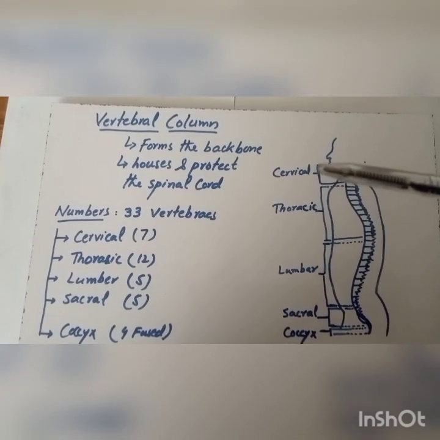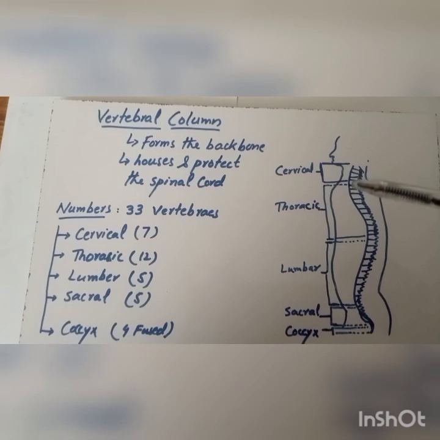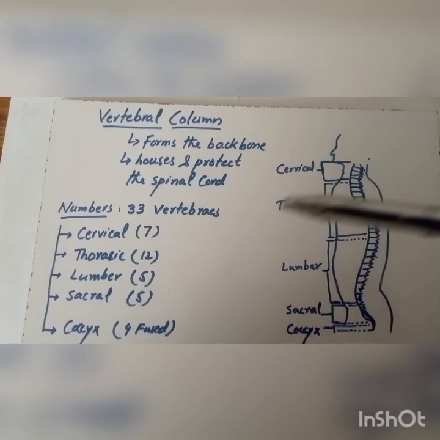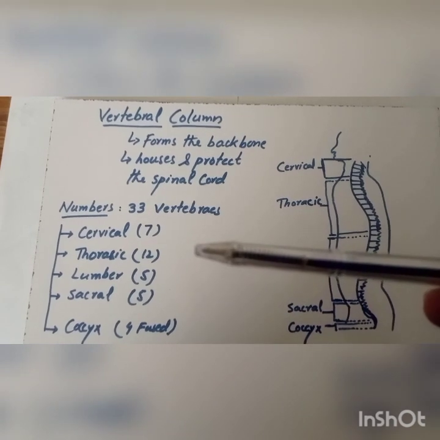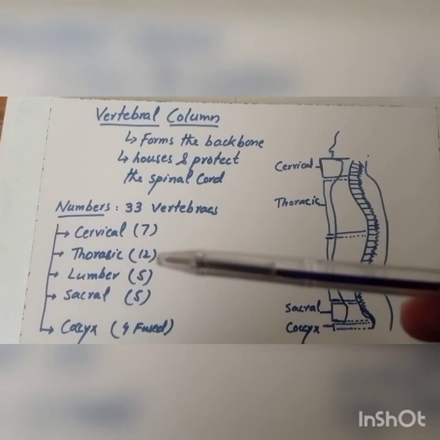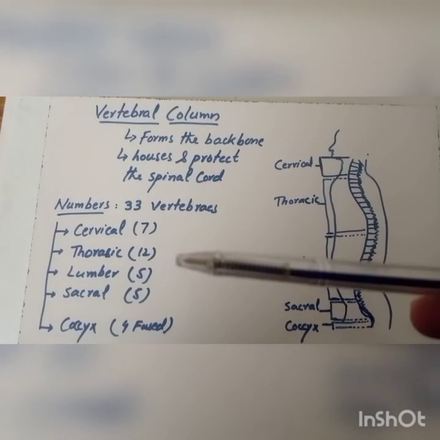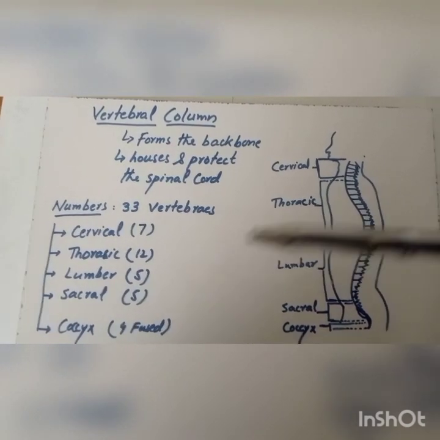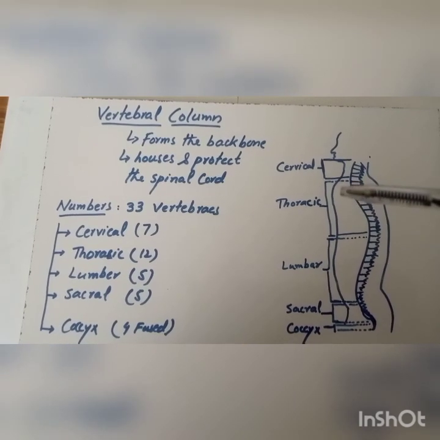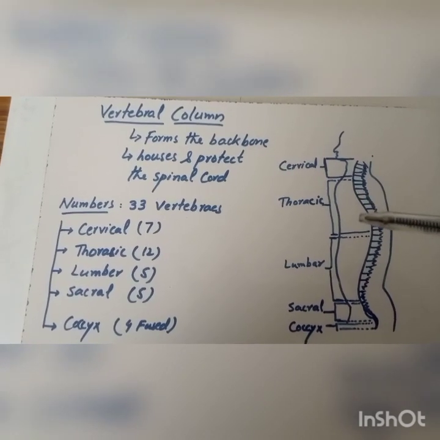Cervical vertebrae are present in the neck region. Look here. There are 12 thoracic vertebrae. These thoracic vertebrae are present in the thoracic region.